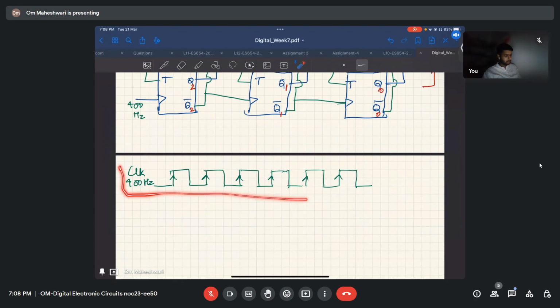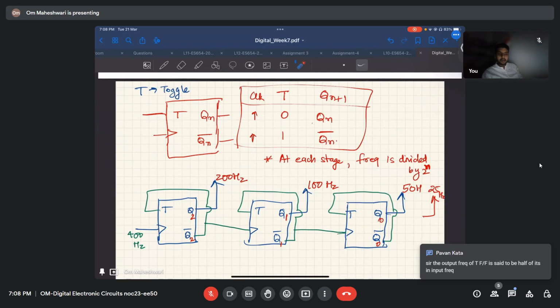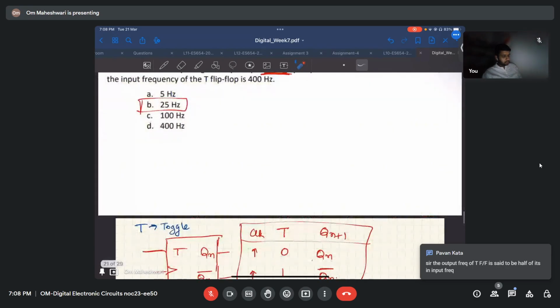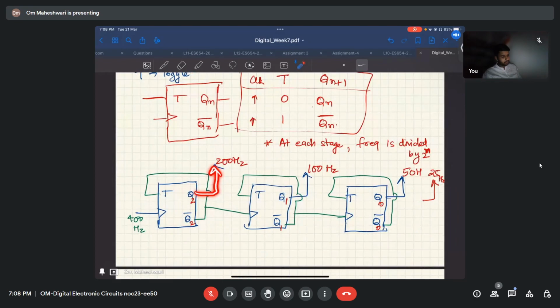I think I'm missing something here. Sir, what is the answer? Sorry, the answer is 25. Okay, sir. So at each output, the frequency will be f by 2. If it was 400, it will be 200 here. At the next stage, it will be 100, next 50, and next 25. Okay, sir.